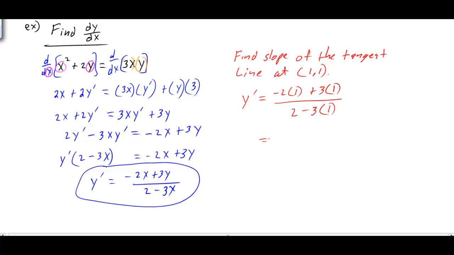And then if we simplify this, we would end up with negative 2 plus 3, so that's 1, over 2 minus 3, which is negative 1, so we have a slope of negative 1. So keep in mind here, this is the rate of change at 1, 1, or in other words, this is our slope of the tangent line at this particular point, 1, 1. So our slope is negative 1.